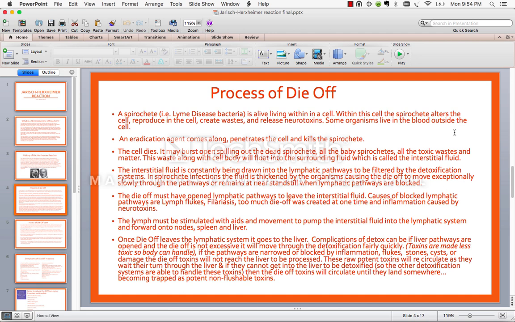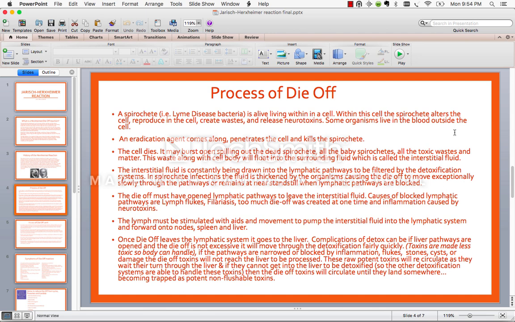So oftentimes we'll tell people to do lymphatic drainage with dry brushing, or we'll have them do lymphatic massage. We'll have them bounce on a mini tramp or do a light jump rope, something that helps to stimulate that lymphatic system so that these things can get processed and moved through.